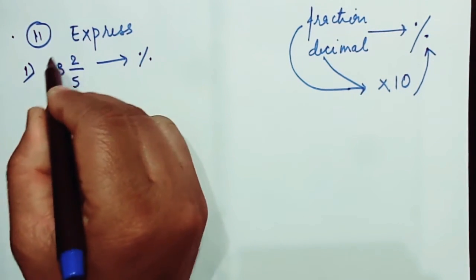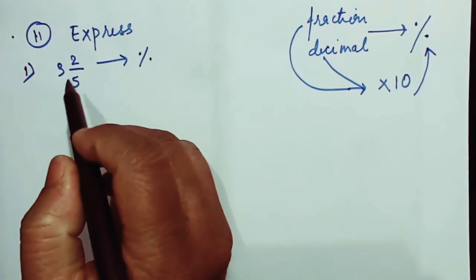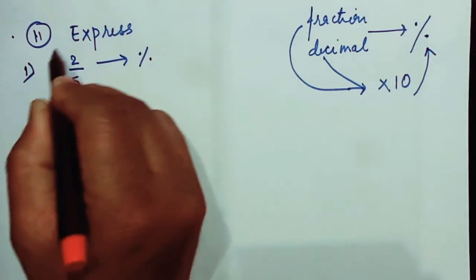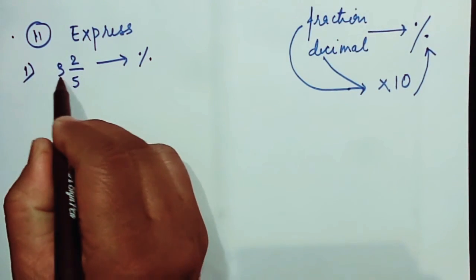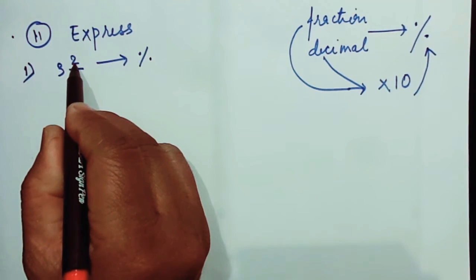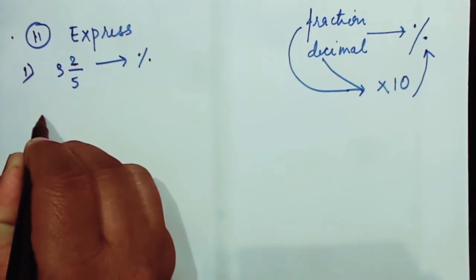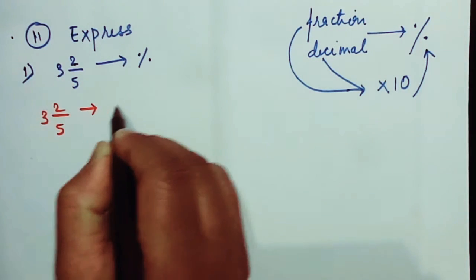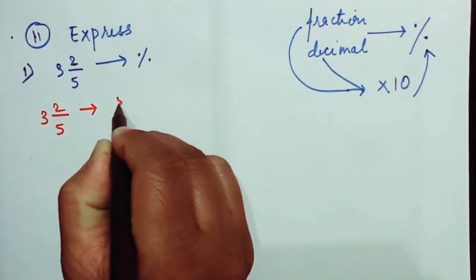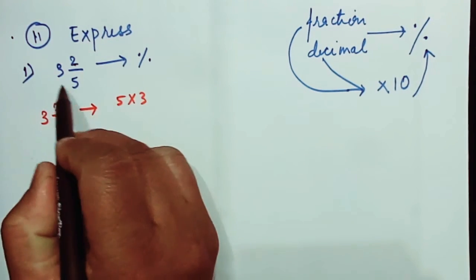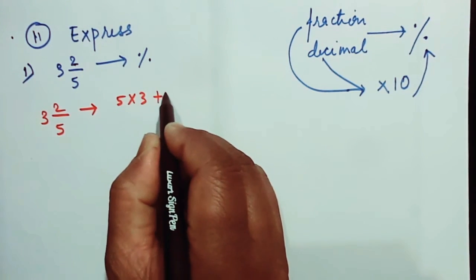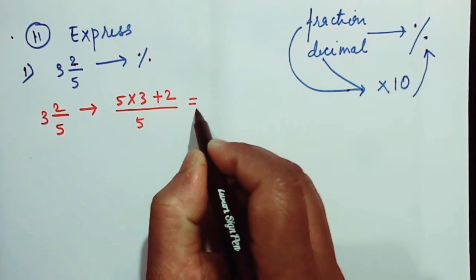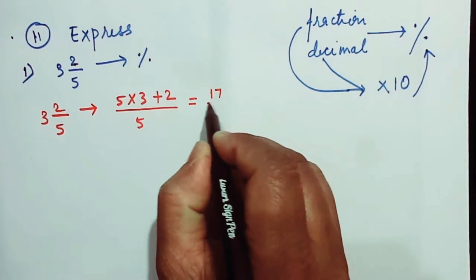So 3 2 by 5, at first you need to convert this into an improper fraction. So 5 times 3 is 15, plus 2, isn't it? If you have forgotten it, it will be 3 times 5, just keep on rotating it, plus 2 divided by 5 will give you 17 by 5.